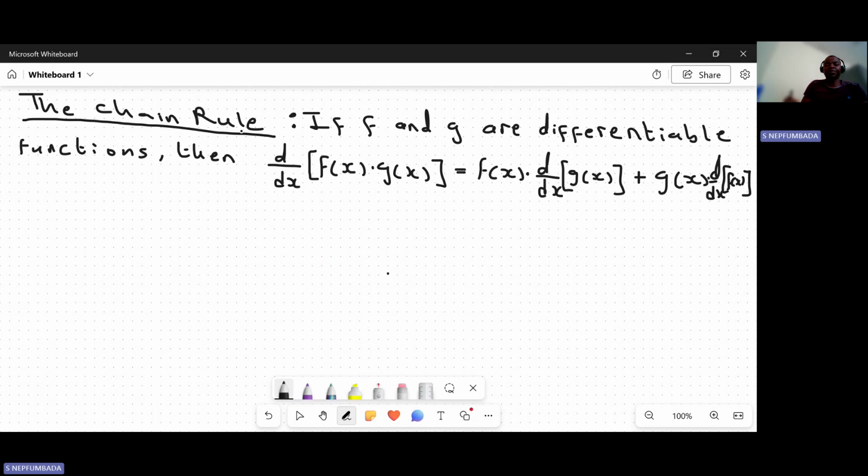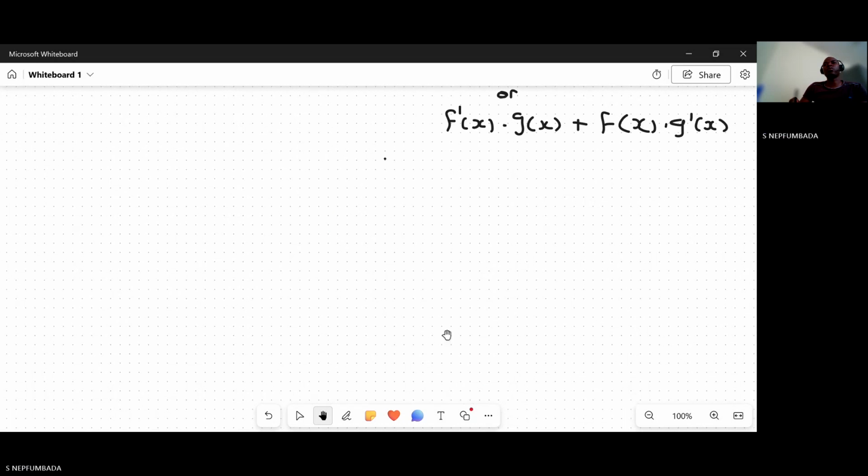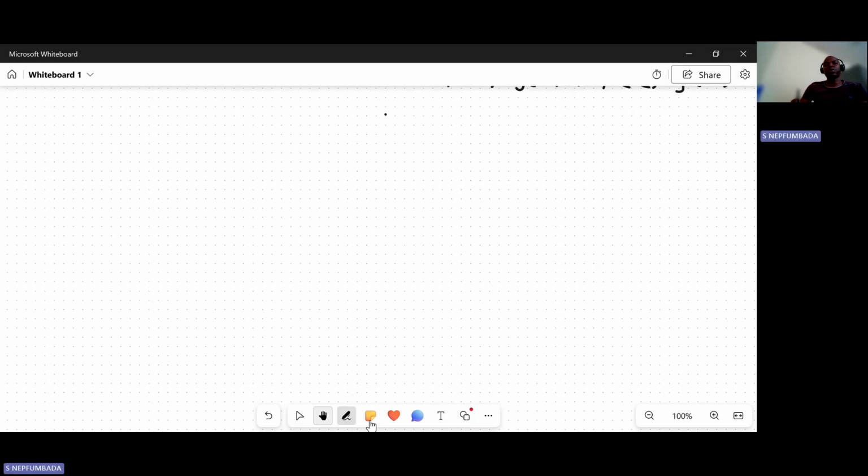Or on this one, you can derive the first function and multiply by the second function, you see the plus, then you copy the first function and multiply by the derivative of the second function. It's up to you. So let's go for a proof on this one.